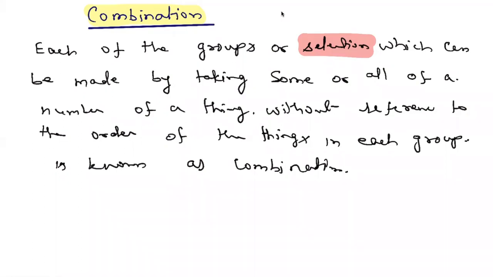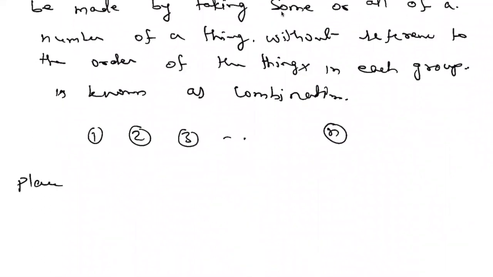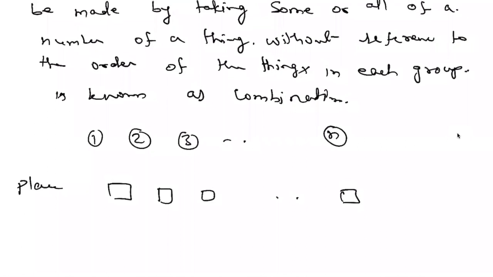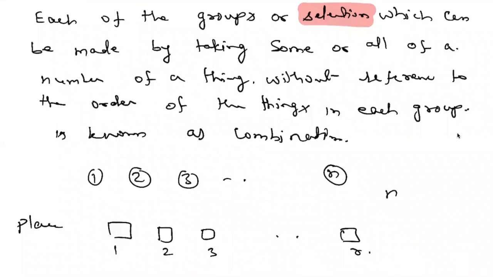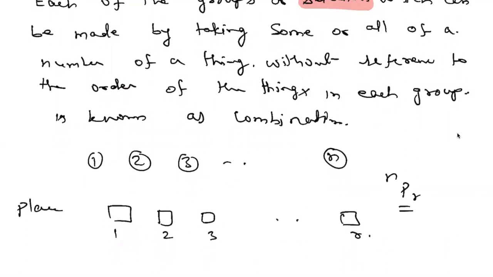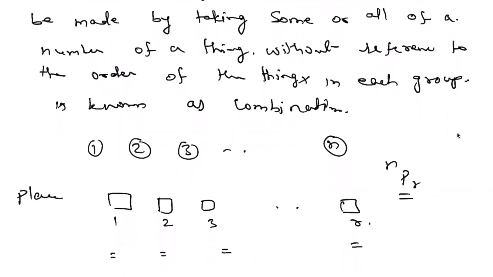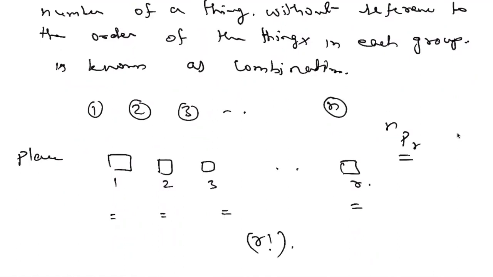So we know that if n things are there and r places are there, and we have to fill these r places by n things, we did this in permutation like nPr. nPr means arrangement of r things, and the arrangement of r things happens in factorial r ways, right?